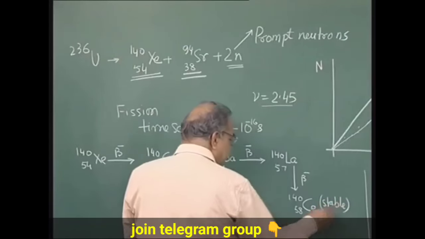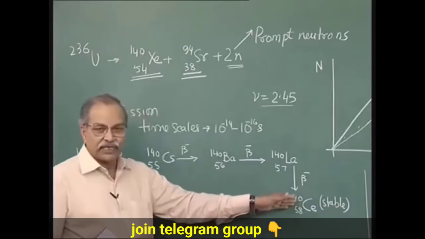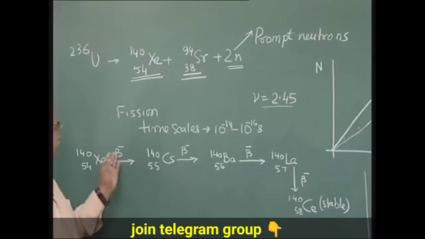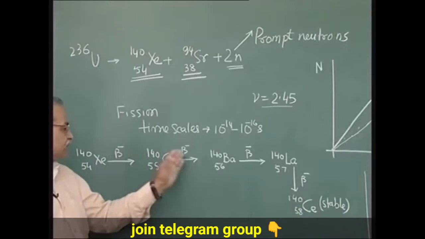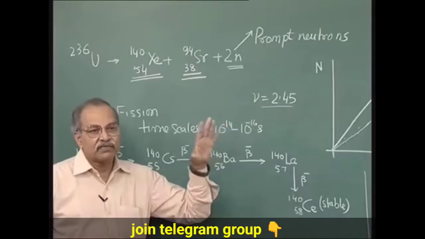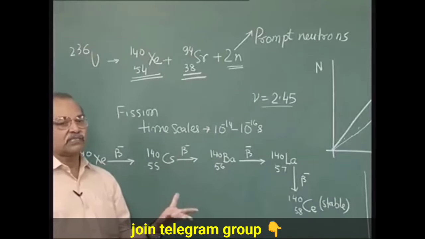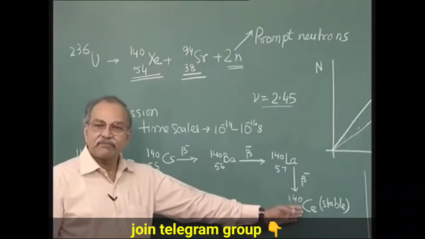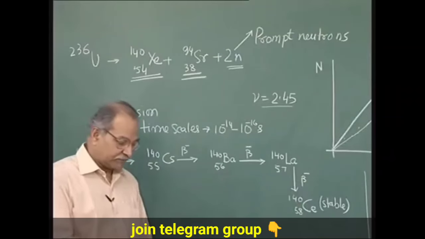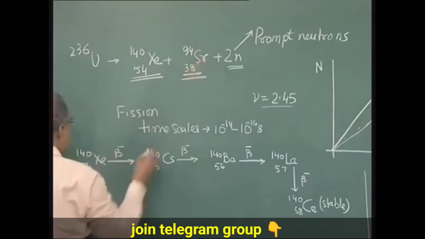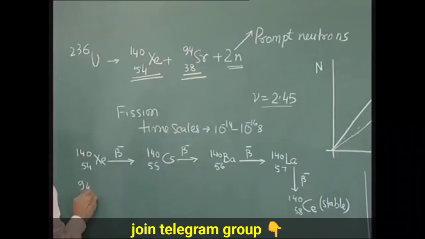So, now the n by z ratio has come to the valley of stability. You have one beta decay here, another here, a third and a fourth. 4 beta particles are emitted, 4 neutrons are converted into protons one by one, and then you get this stable final product. The other element here, 94 strontium, is also radioactive.